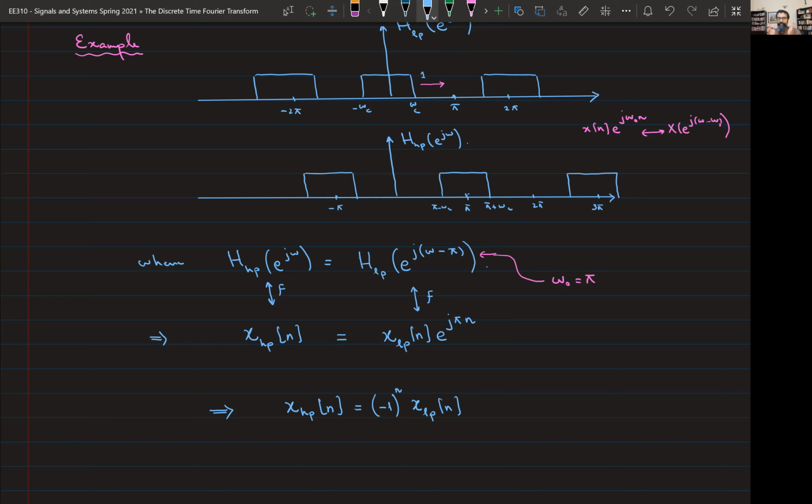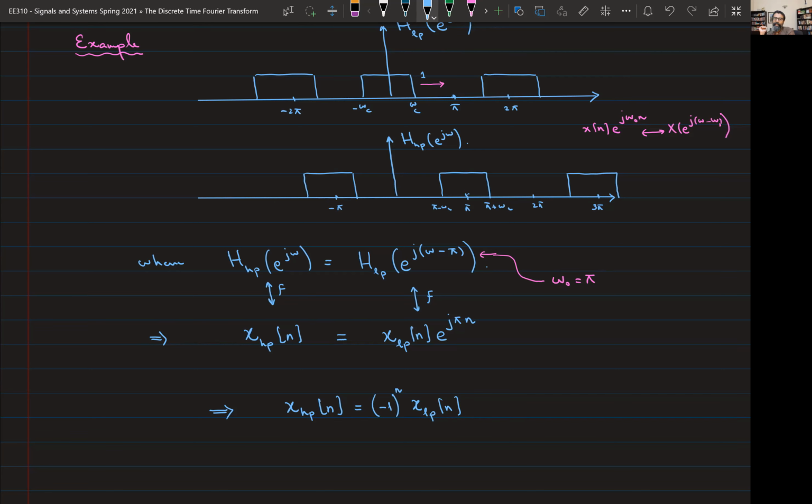If I were to shift any discrete time signal in the frequency domain from low pass to high pass, all I need to do is multiply with -1 raised to power n, and that will make a low frequency signal into a high frequency signal. A low pass signal into a high pass signal, right?